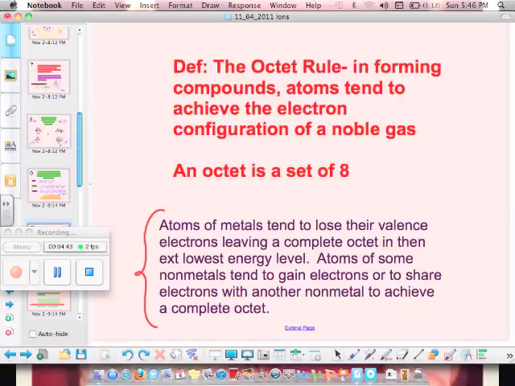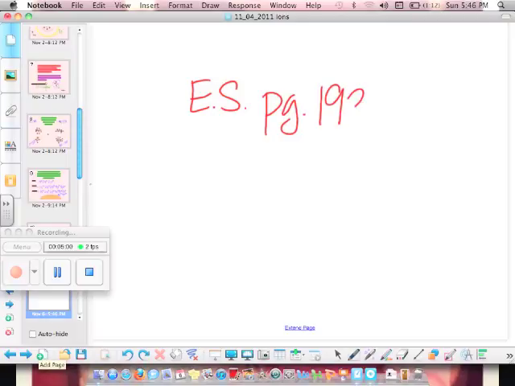So what I actually want you guys to do is the first part of your exit slip. We are in chapter 7.1. So on page 193, I'd like you to complete numbers 3, 4, 7, and 8.